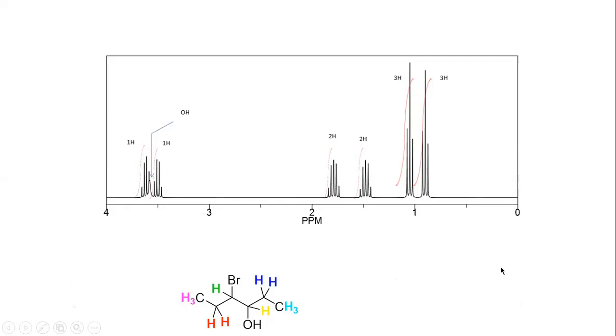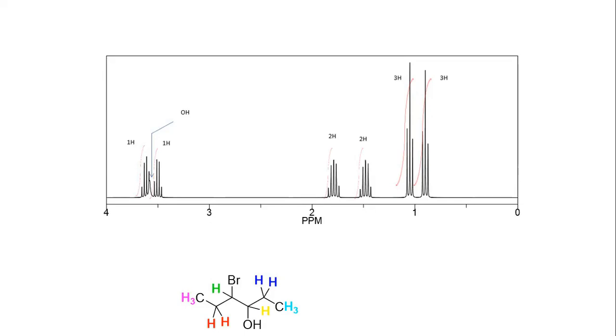So now we know that we can rule that out. So if we look at this molecule, the OH proton is already established. We know the OH proton is already known. And then we have 6 other signals that we need to assign, right?